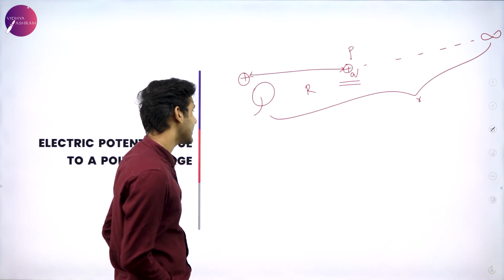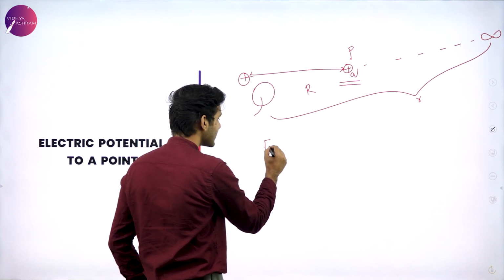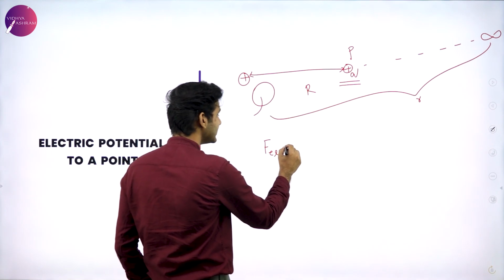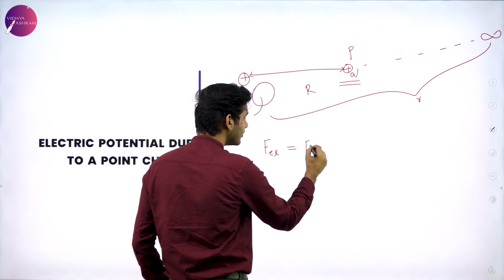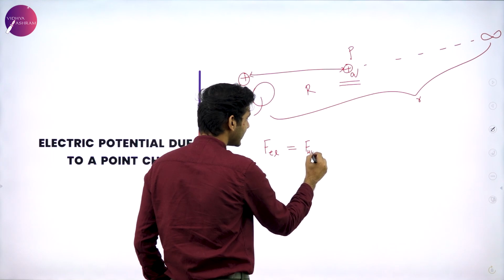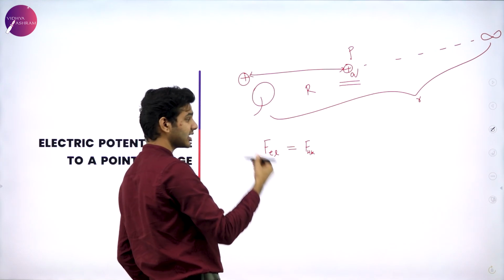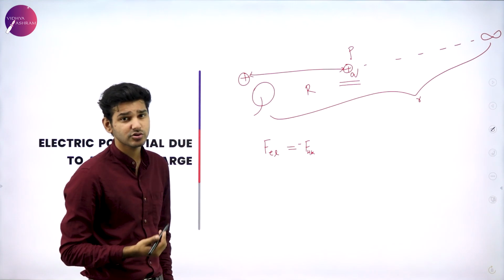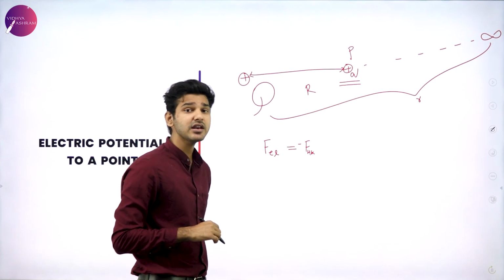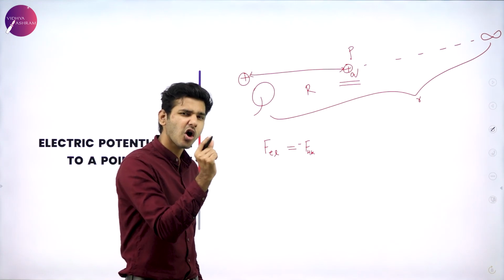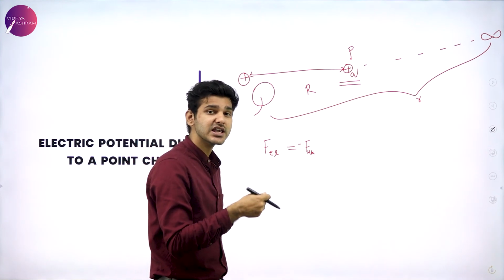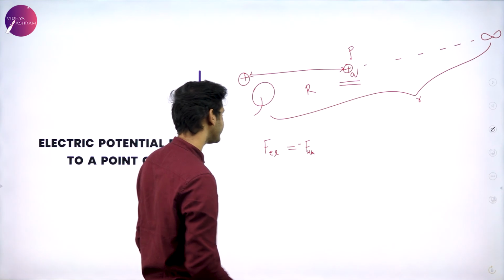Which means that I am being repelled by the electrostatic force in that direction, so I have to apply a force. This is the force applied by me, F_HK, which is in this direction. It is equal in magnitude but opposite in direction, and I am taking small steps.